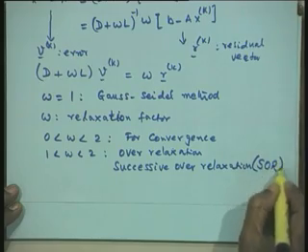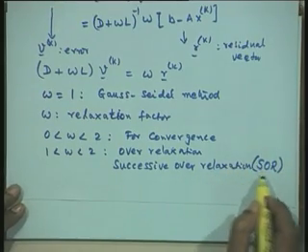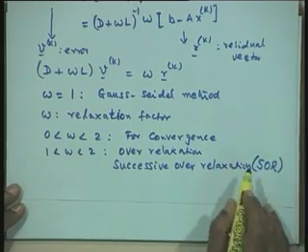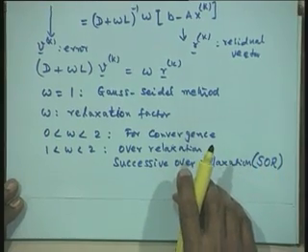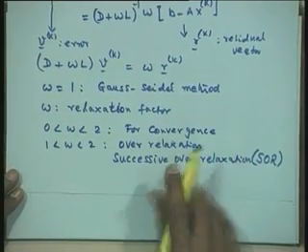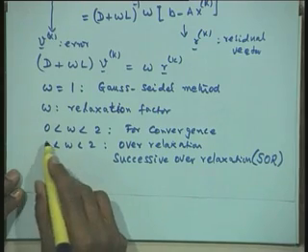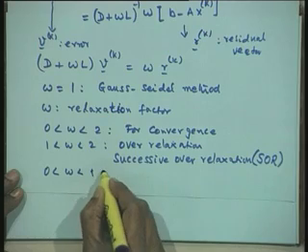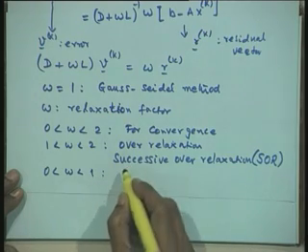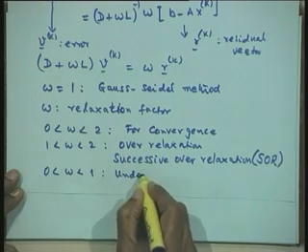This is one of the most famous and most popular methods. It is simply called SOR, successive over-relaxation method. If I use a value between 0 and 1, it is called under-relaxation, but it is very rarely used.